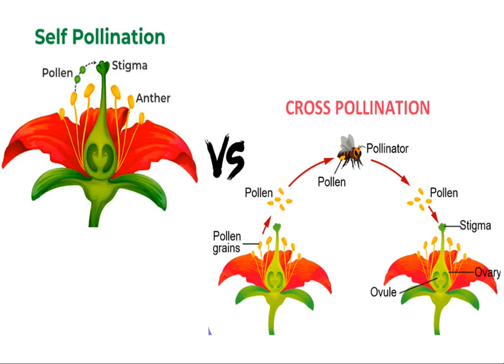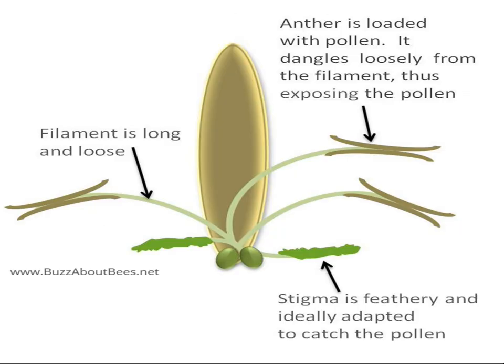If it happens within the flower, it is called self-pollination. If it happens from one flower to another flower, it is called cross-pollination. Remember, when the pollen is transferred to a different species, it cannot pollinate, because it is a different species whose genes do not match.